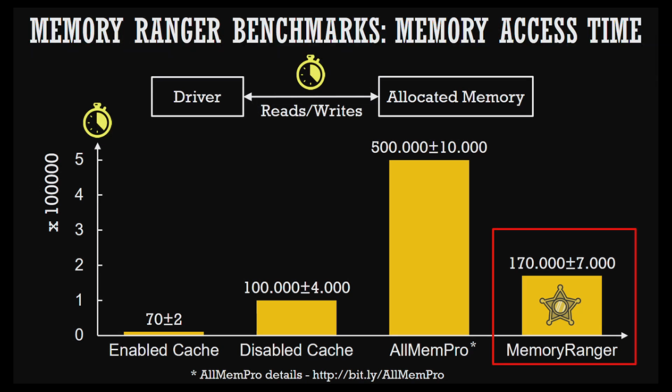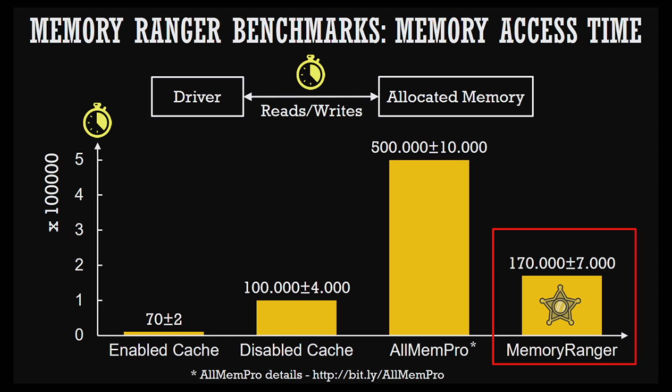Now, let's move on to the final step, which is the benchmark assessment. I measure the time of legal access from the driver to the allocated data in 4 situations: without memory protection, with enabled cache, with disabled cache, and with 2 memory protectors, AllMemPro and MemoryRanger.